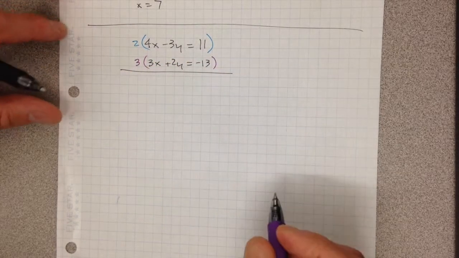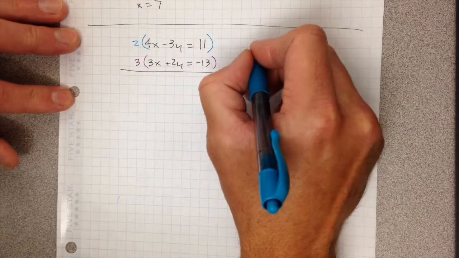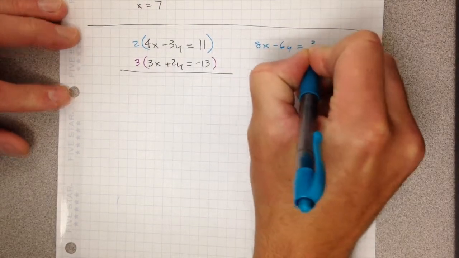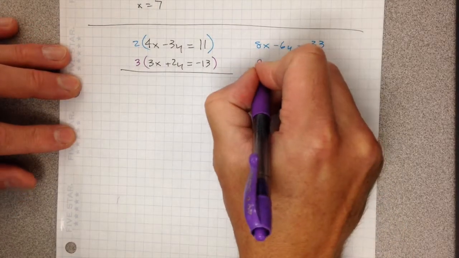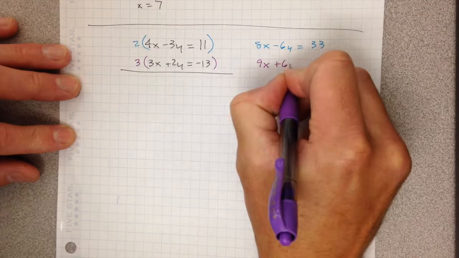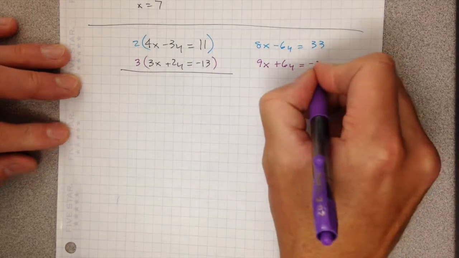So now when I change these equations, let's take a look at what we end up with here. 8x minus 6y equals 33. My lower equation, 9x plus 6y equals negative 39.